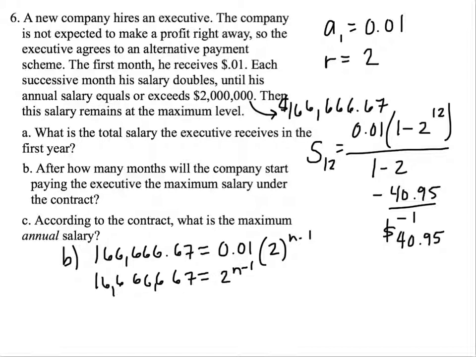And this is where you actually are going to need a logarithm, because in order to solve this equation, you've got a variable in the exponent. We're going to have to rewrite it so that it's not exponential. So it's going to be log base 2 of 16,666,667 is equal to n minus 1.